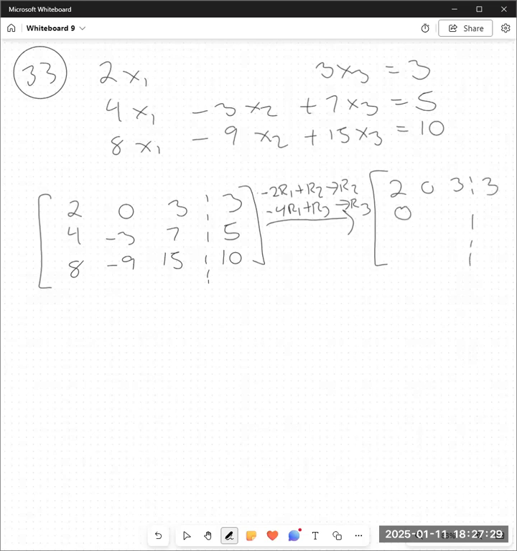This is 0, and then my negative 3, and then negative 5, and then negative 7, and then 0, negative 9, 3, negative 2. So 2, 0, 3, 3, 0, negative 3.